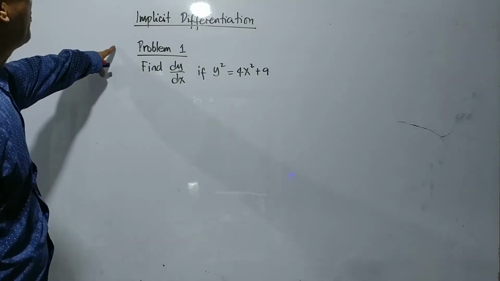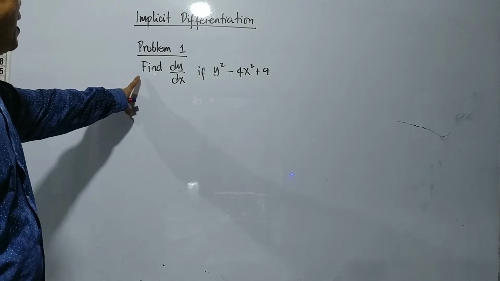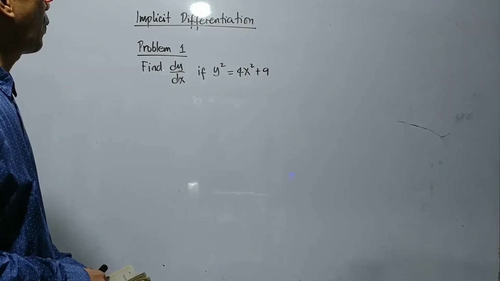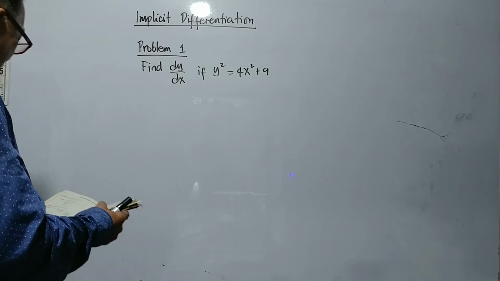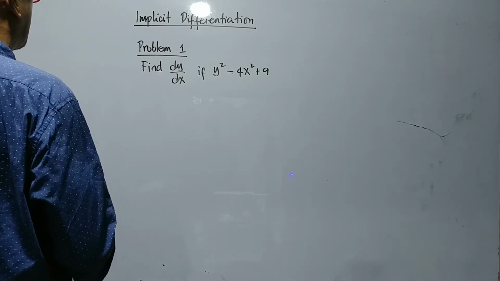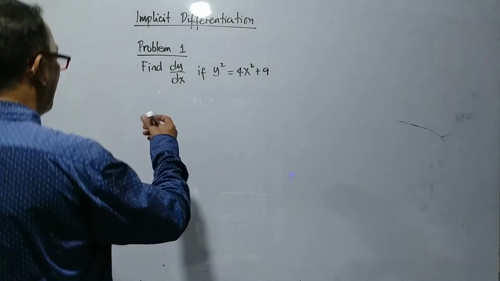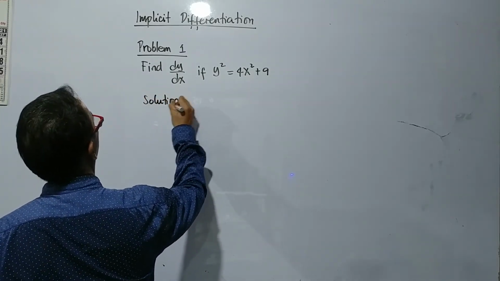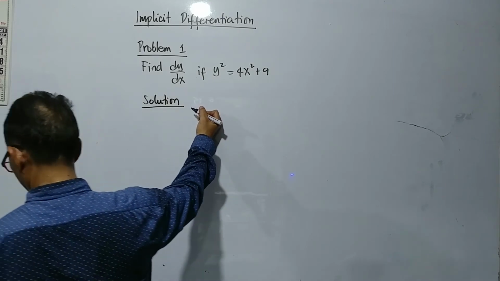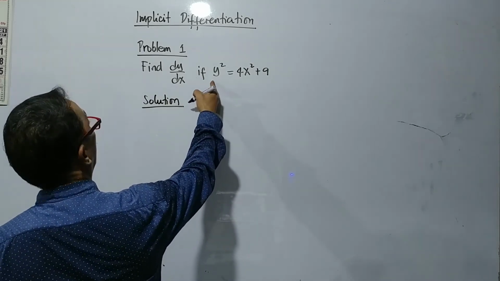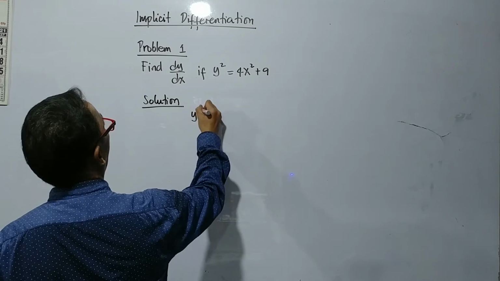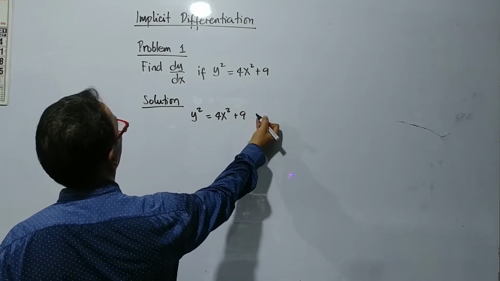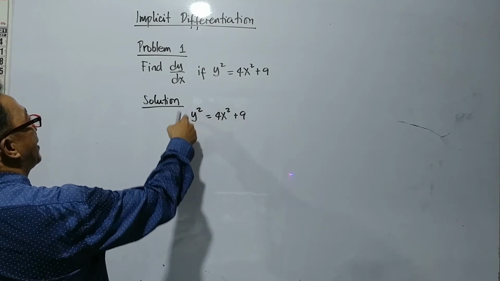So, implicit differentiation, problem number 1. Find dy/dx if y squared equals 4x squared plus 9. To apply the implicit rule, we have y squared equals 4x squared plus 9. First, differentiate the left side.